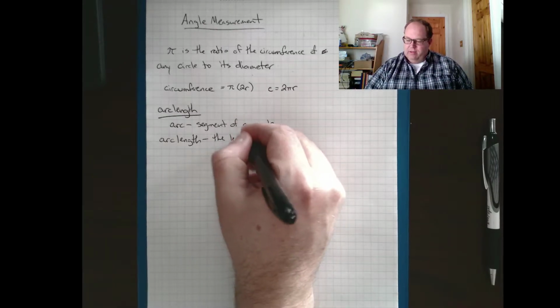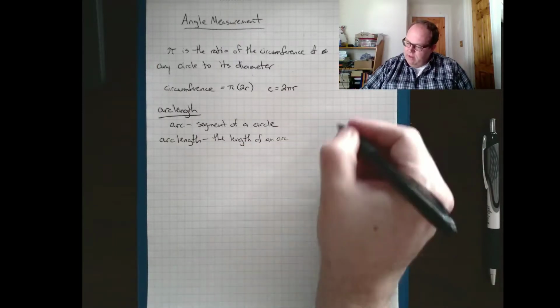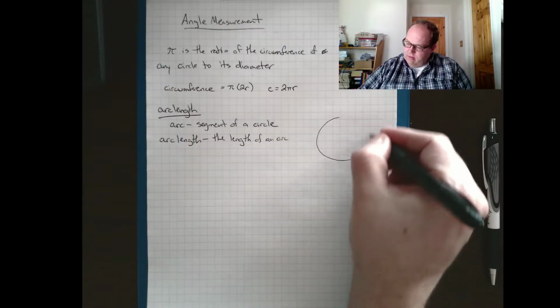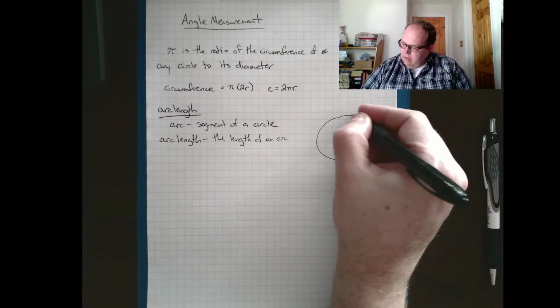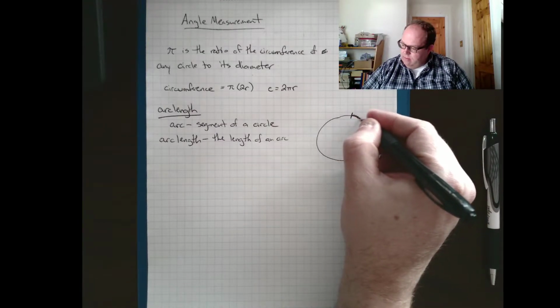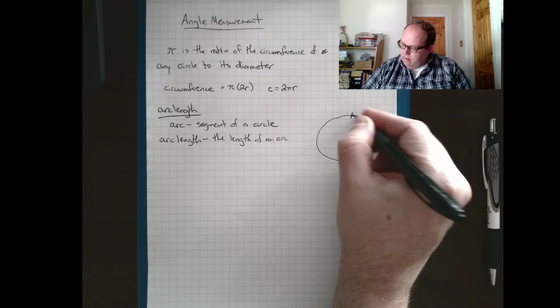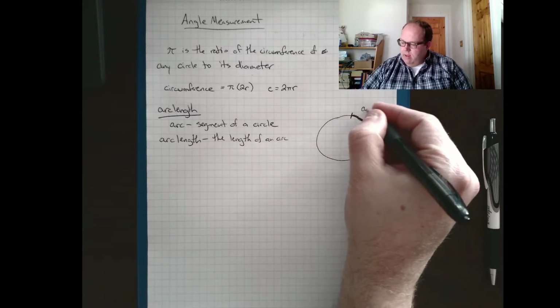The length of an arc. Woo! So if I've got a circle, roughly speaking, an arc would be some section like this. That would be an arc.